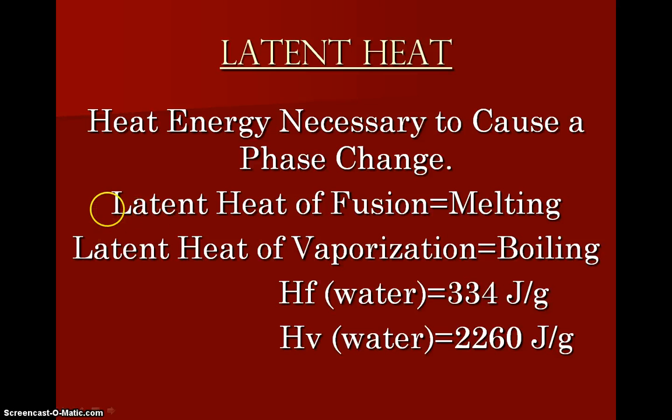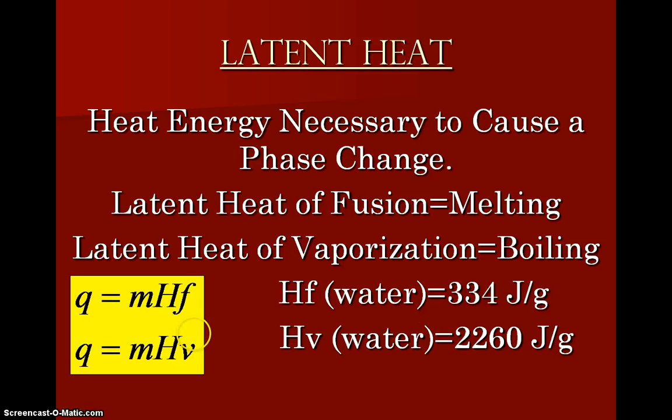The energy required to change the state of 1 gram of a substance is called the latent heat of fusion. The latent heat of vaporization is the constant that's used for boiling. We will only ever be looking at the heat of fusion for water and the heat of vaporization for water. Those values are listed here, and they are also on your reference table.